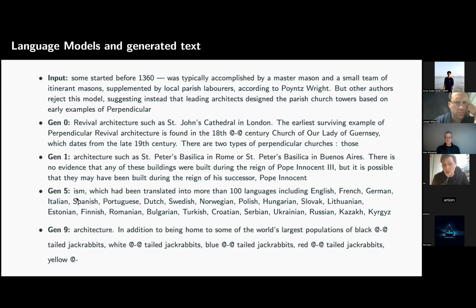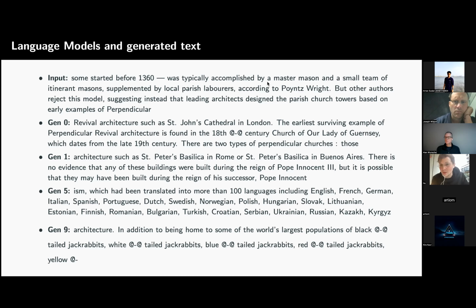Then by generation 5, we notice that it starts talking about something not very much related to the original text input, but it's still making some sort of syntactic sense. It's just listing languages.